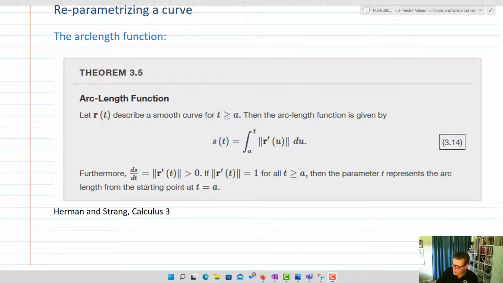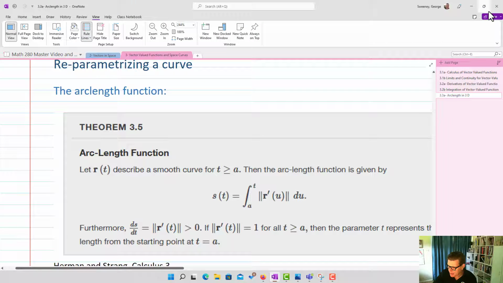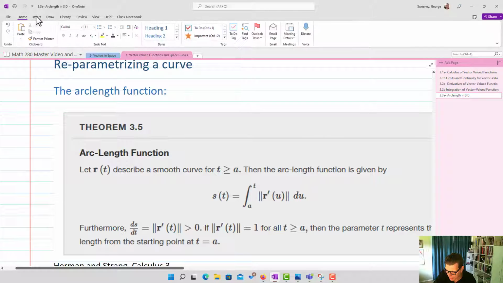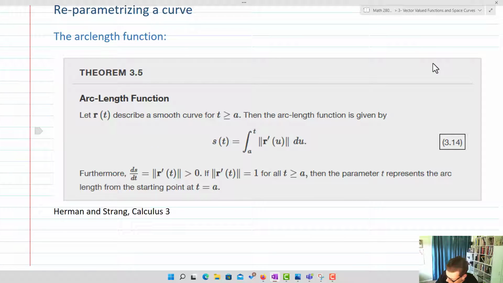Here u is a dummy variable, and t is going to be the variable that we use in the reparametrization. So you can see there's your u, and what we're going to be doing is taking the integral of that, and I know it looks a lot like the arc length.